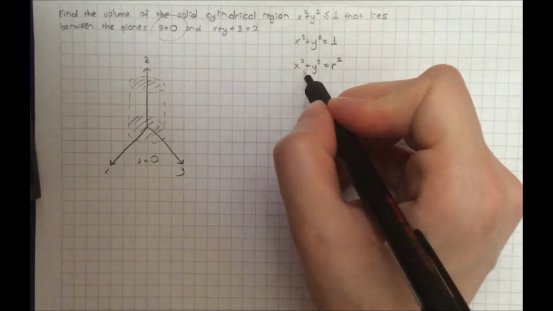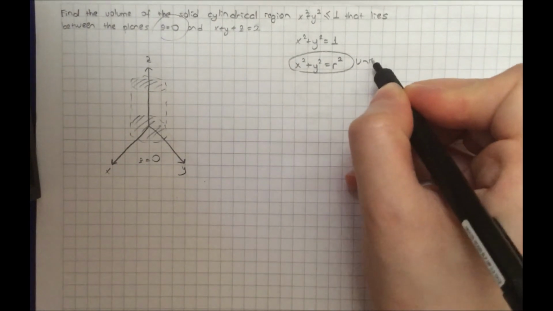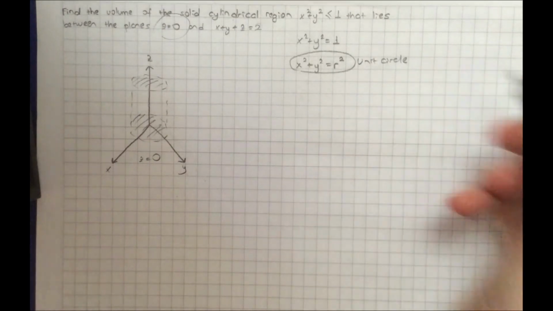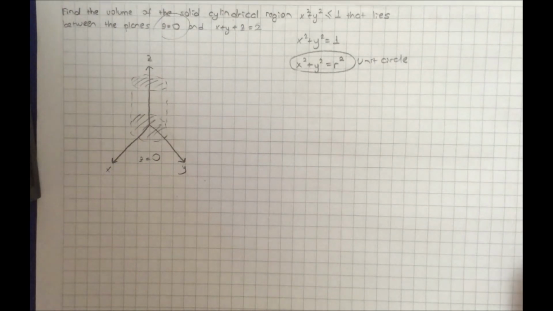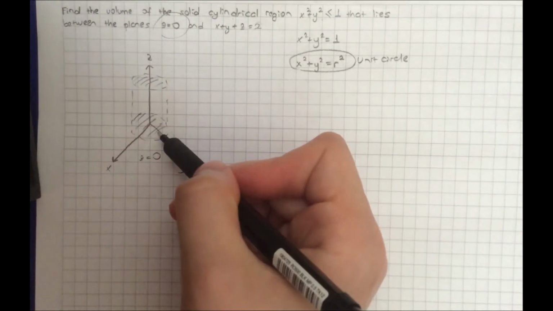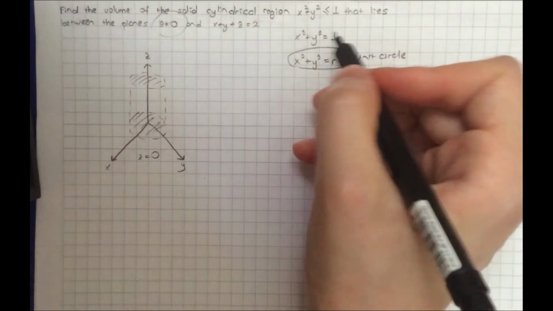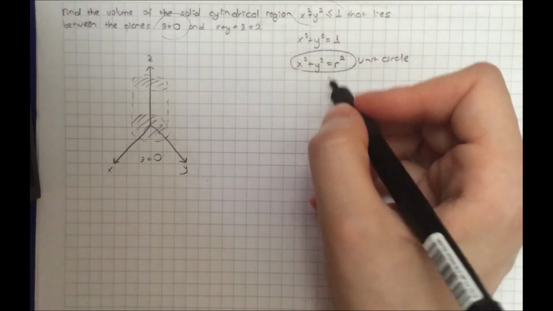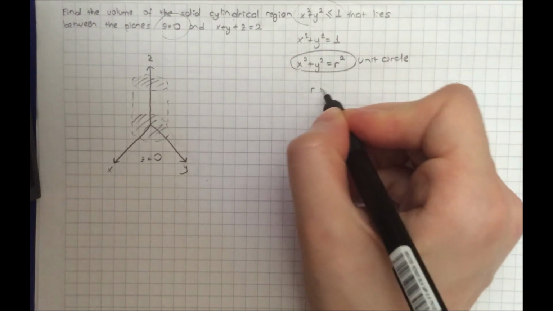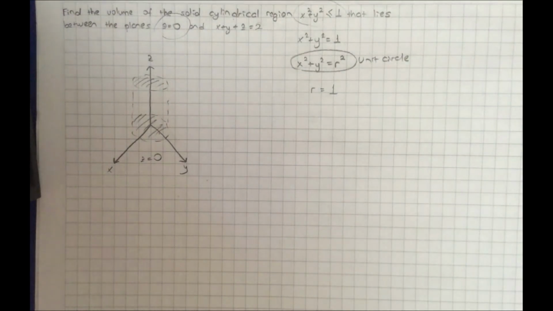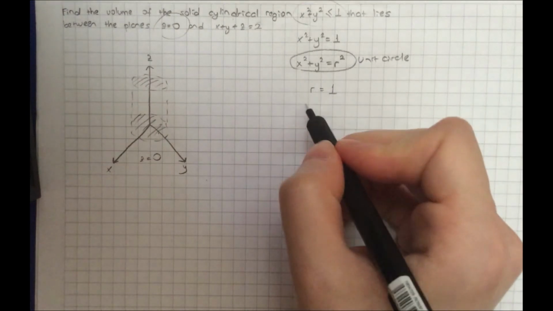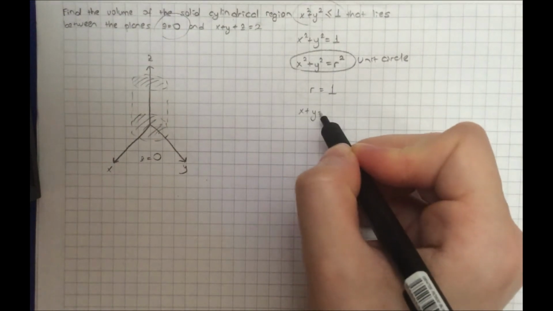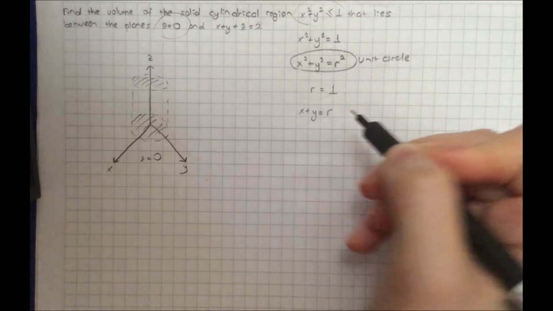Why a unit circle? Because we are talking about a cylinder. A cylinder base is a unit circle. It's coming from this. So we can easily see that the radius is equal to 1.